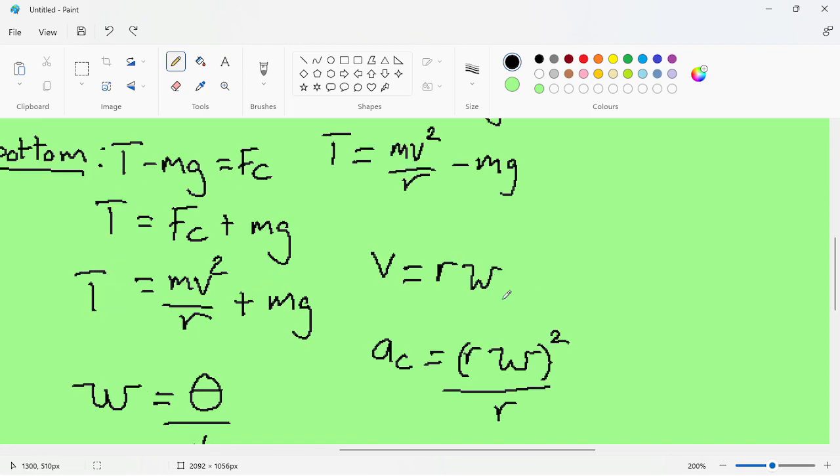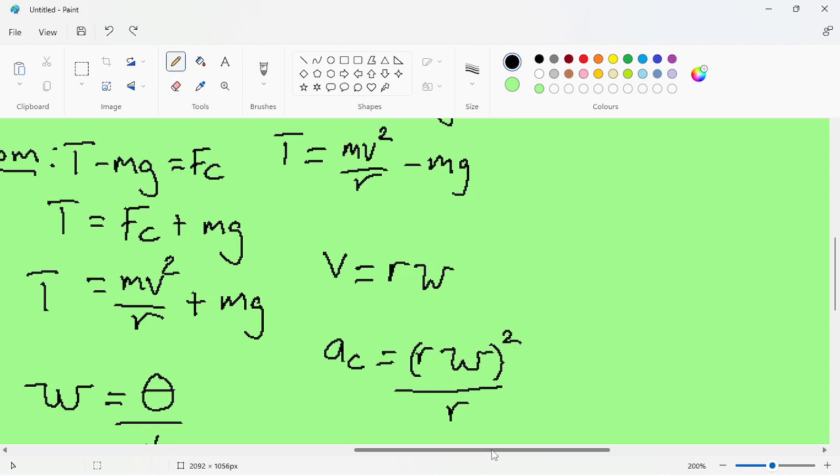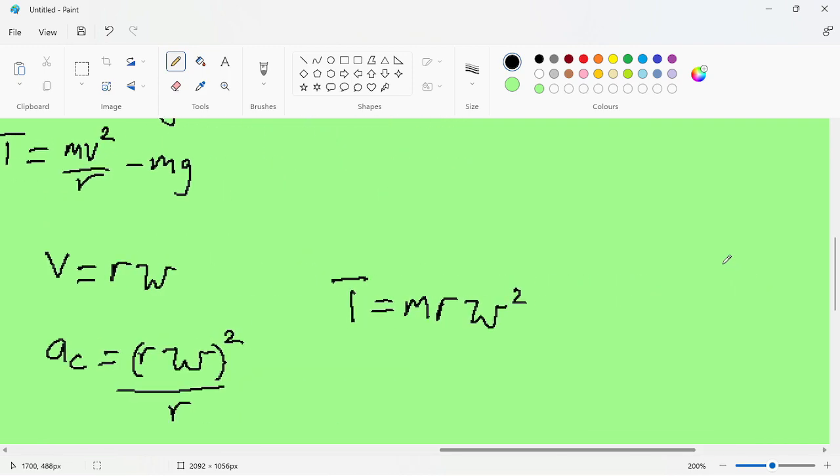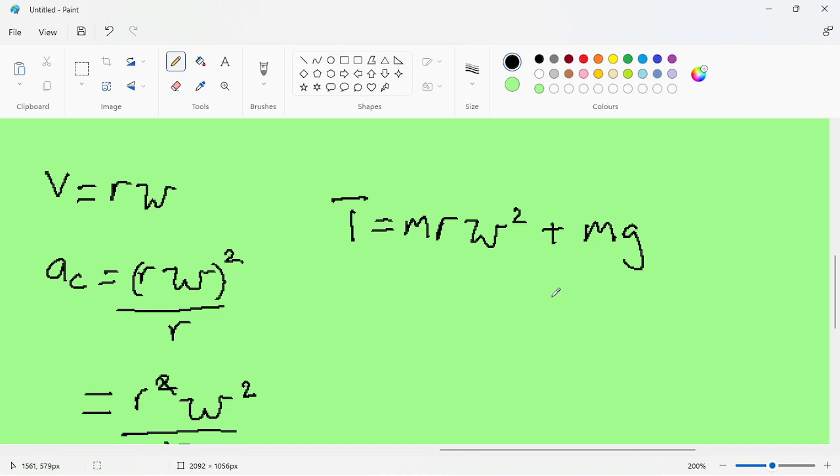Rewriting it to incorporate omega, we end up with T is equal to m times r omega squared plus mg. Then all we have to do is plug in the numbers and solve for omega.